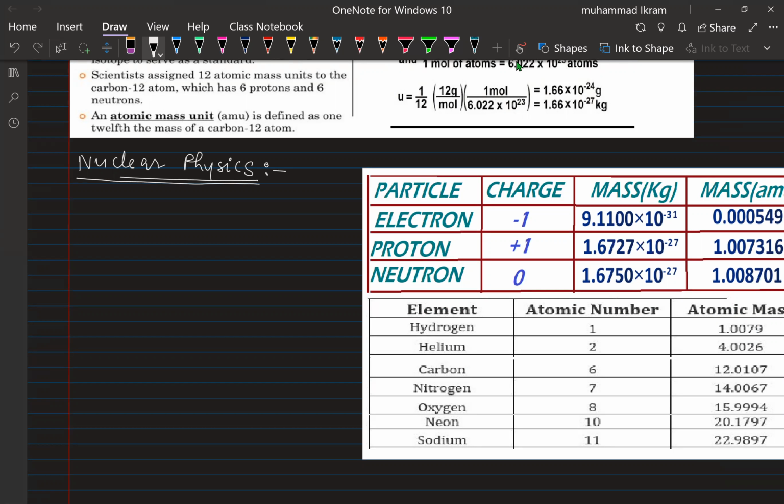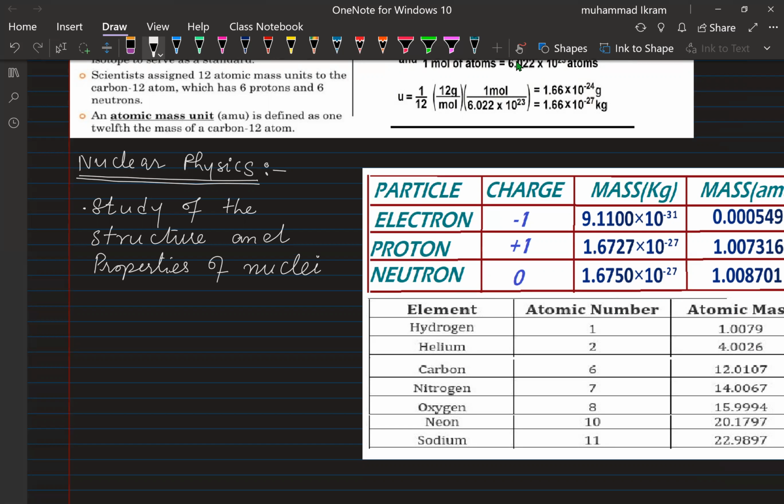Nuclear physics is the study of the structure and properties of nuclei.